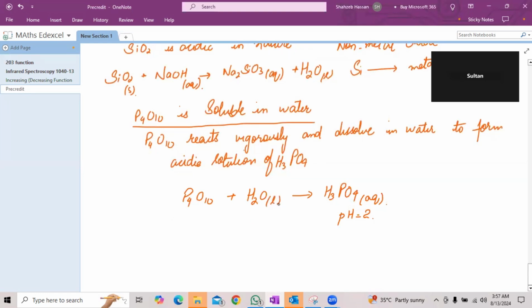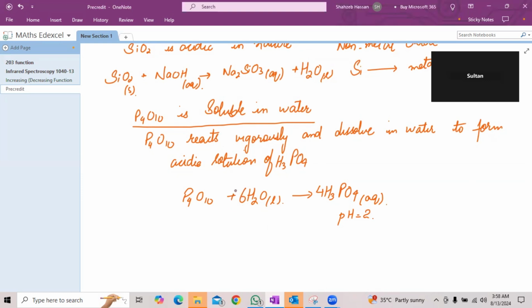This is in liquid state, and we have to balance it. For that purpose, we have to put 4 here, and 4 threes are 12, so we put 6 here as well. I hope it's balanced now.